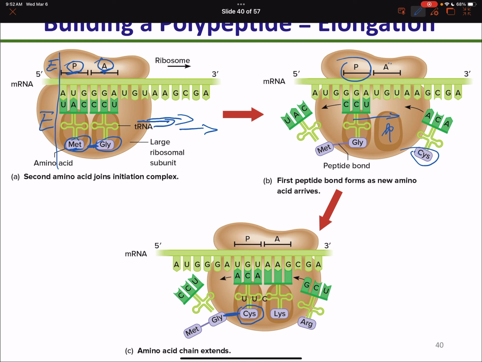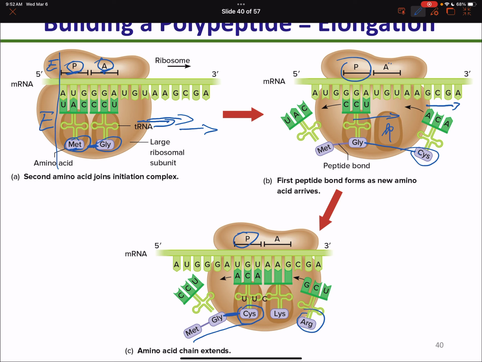As cysteine comes and attaches, the ribosome is going to slide over, right? As the ribosome slides over, now we have the P site that is going to be occupied by the growing polypeptide that is now from 2 to 3, right? And from there, we're going to have another one that is going to come and attach.